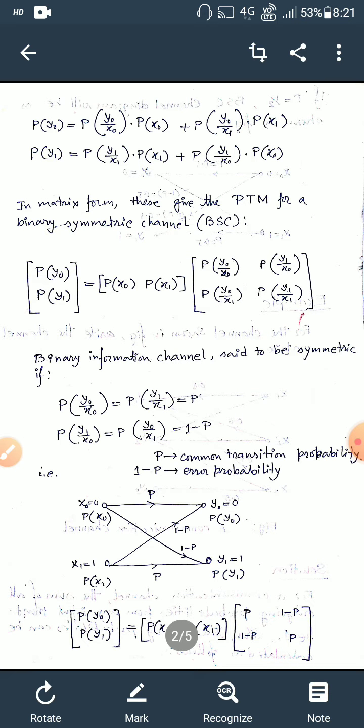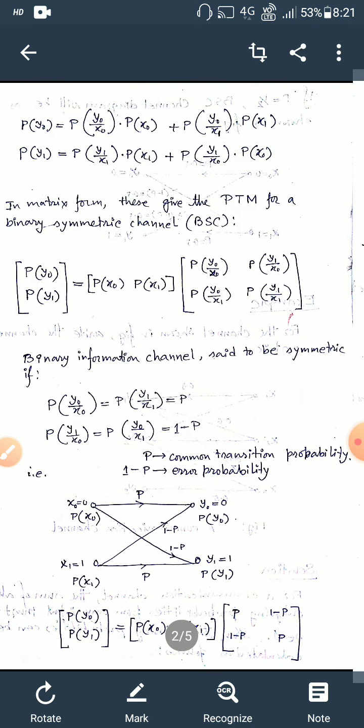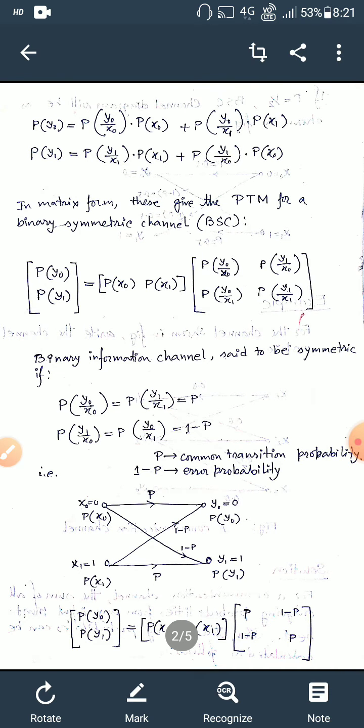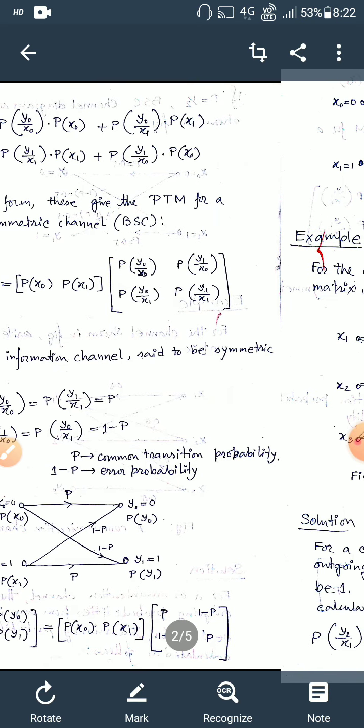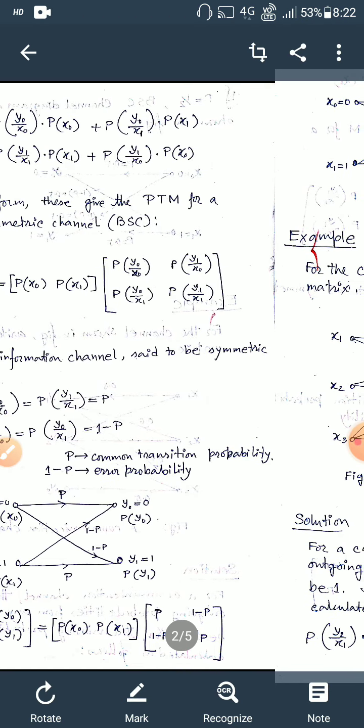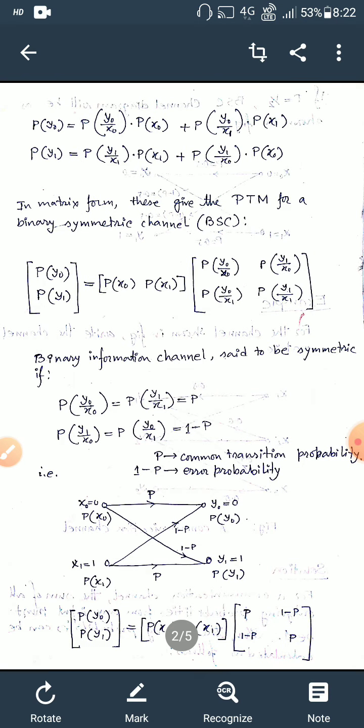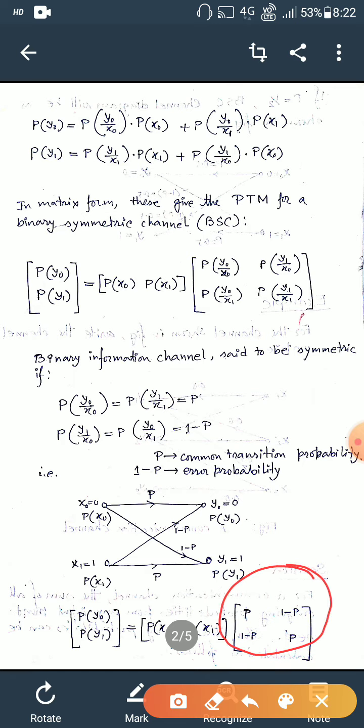And what will be the PTM, the probability transition matrix, for the binary information channel? The matrix will be p and 1 minus p in the first row, and 1 minus p and p in the lower row.